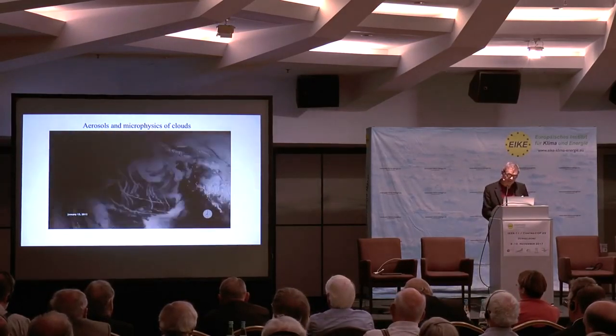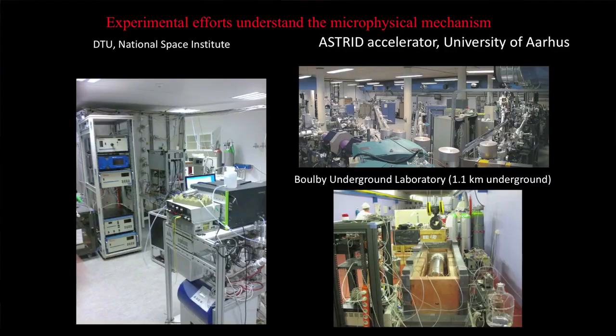And over many years, we have been doing experiments. The first picture here is our experiment at DTU in Copenhagen. Here is another experiment we did at the University of Aarhus, where they had an accelerator.